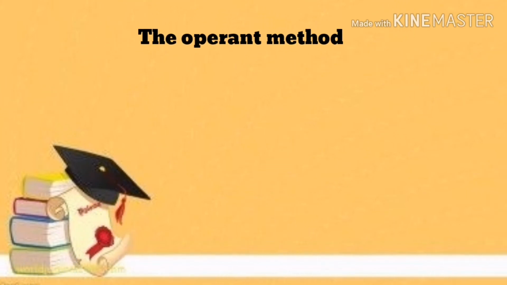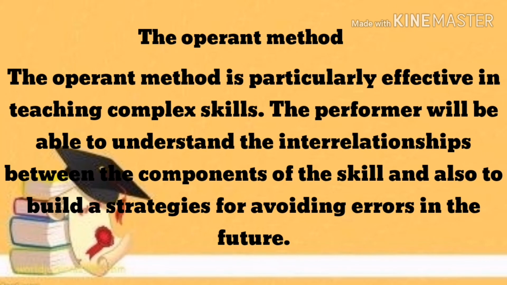The operant method. The operant method is particularly effective in teaching complex skills. The performer will be able to understand the interrelationships between the components of the skill and also to build strategies for avoiding errors in the future.